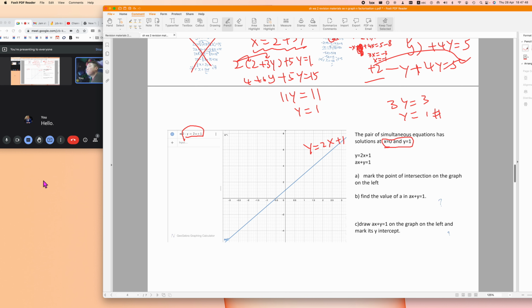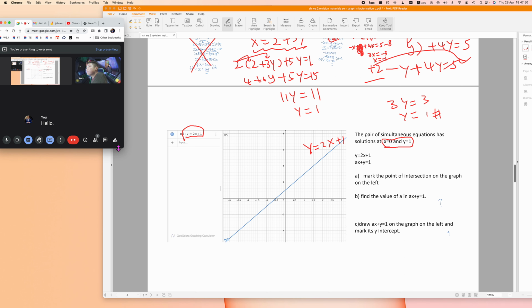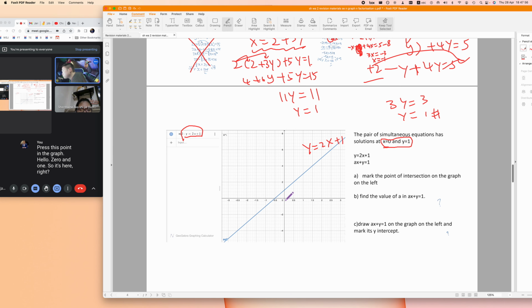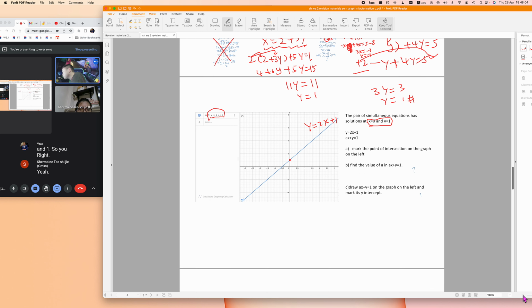It's 0 and 1. So it's here. Can you see?